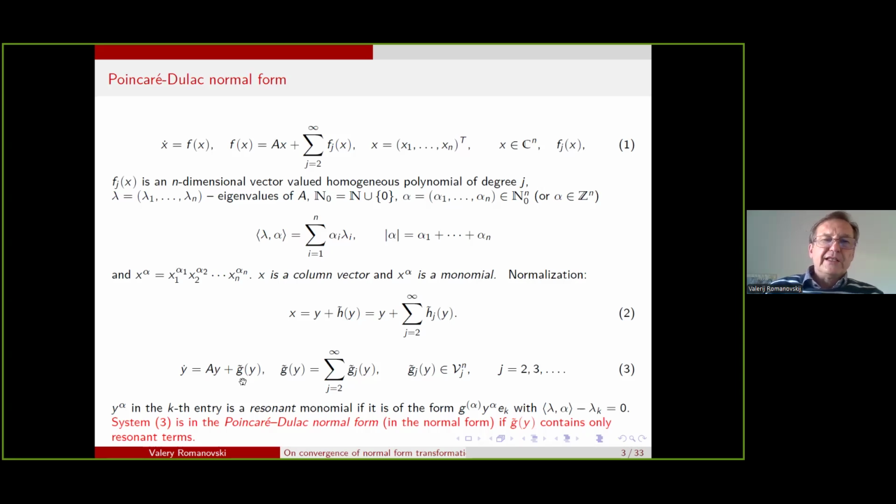Of course, it would be simplest if it were a linear system, meaning all g_j are equal to 0, but that is not always possible.